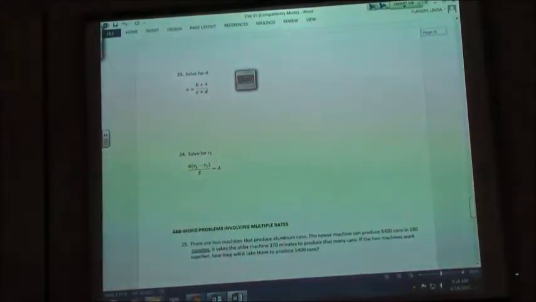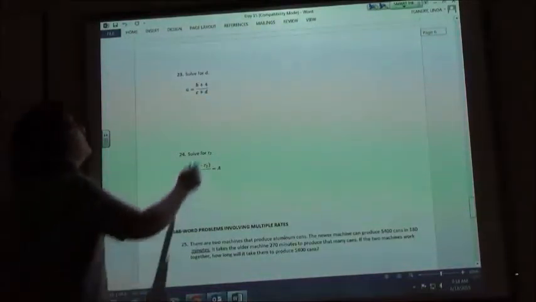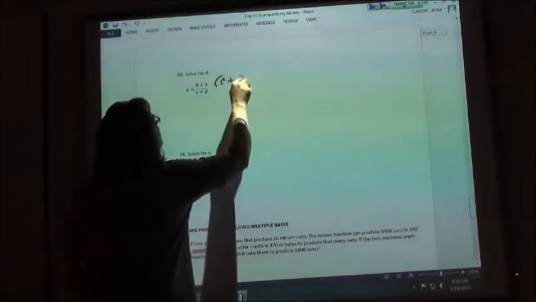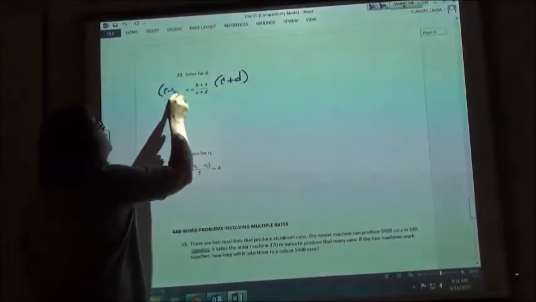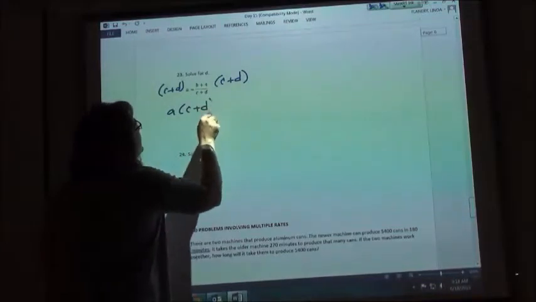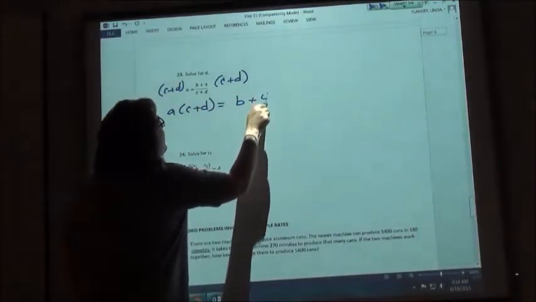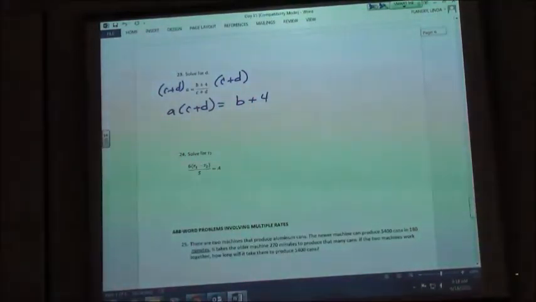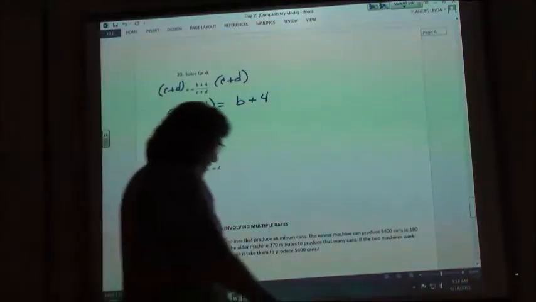So number 23, first thing I'm going to do is times by c plus d, times by the c plus d. So a times c plus d is going to equal b plus 4. You could use your distributive property, but you really don't need to. Since I'm solving it for the d, the next thing I might want to do is divide by the a.